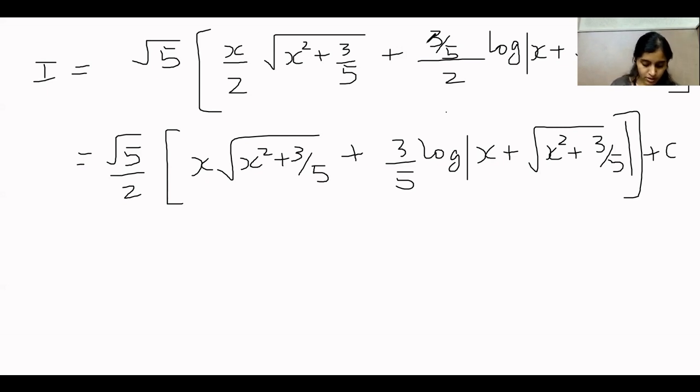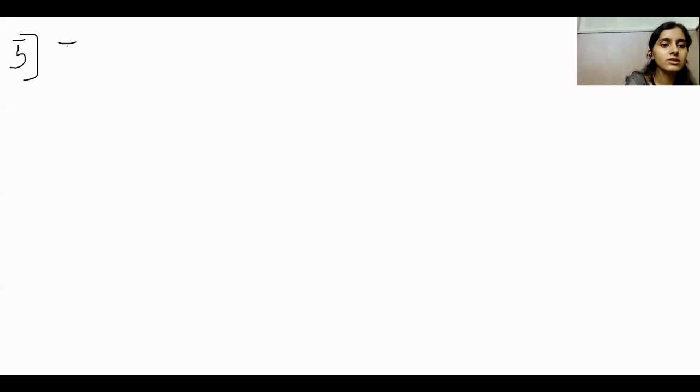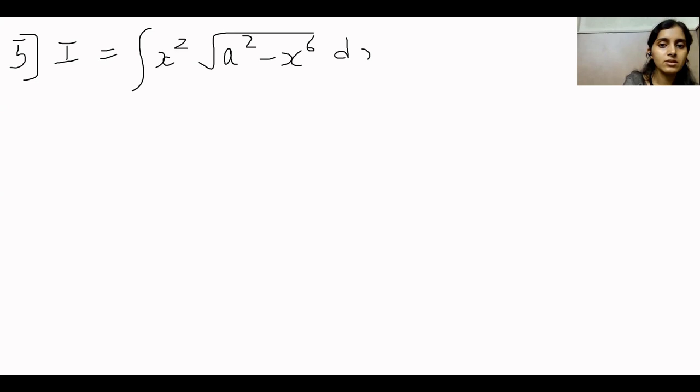Now I'm doing the next one, that is the fifth one. The fifth question, I is equal to integration of x square root of a square minus x raised to 6 dx.